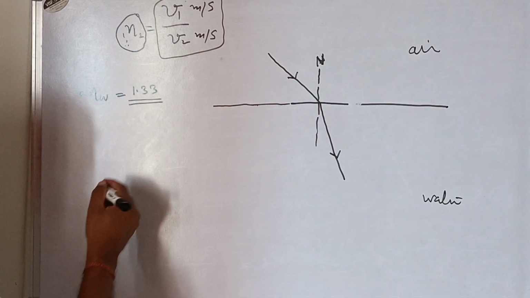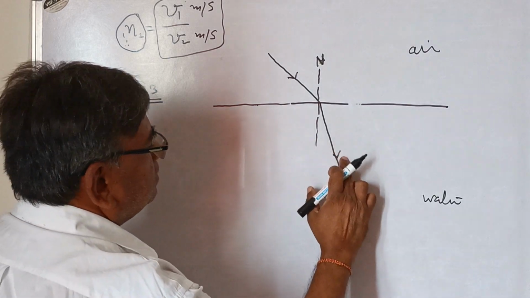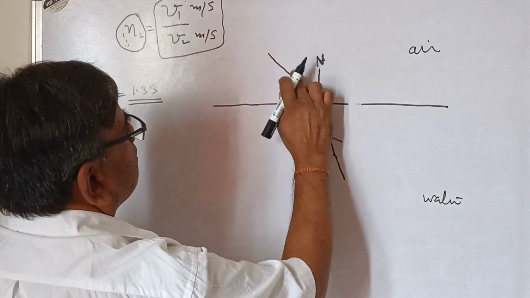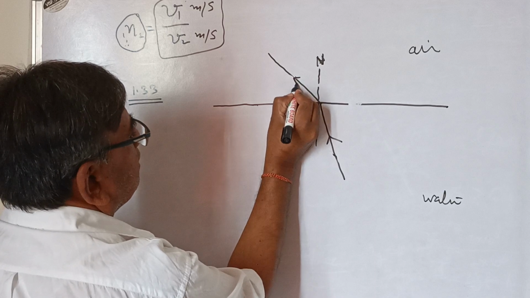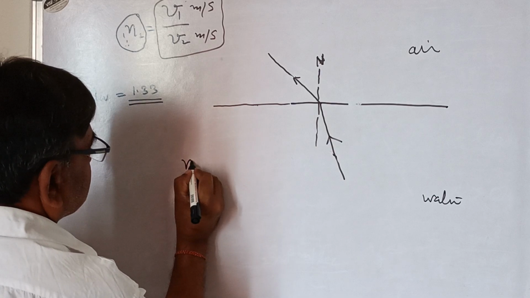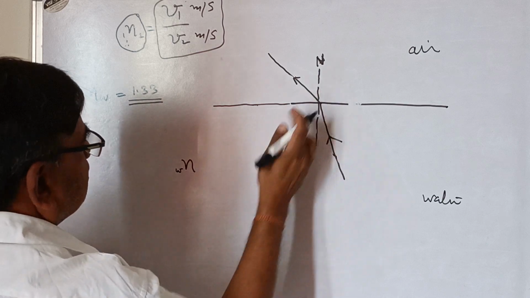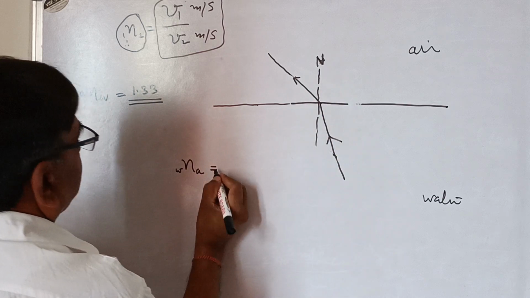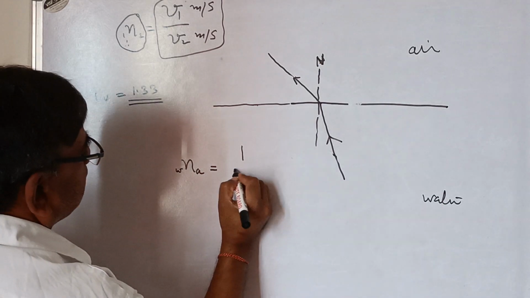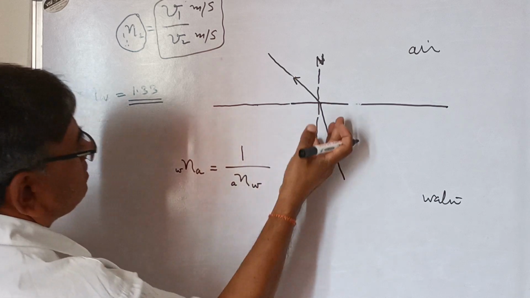It says that if the direction is reversed, if light goes from water and strikes at this point and then emerges in the air, what will be the refractive index? Now here the refractive index will be, in this case, light going from water to air, so here W n A. Now it is given A n W, so this will be 1 by that. So here A and W will be the opposite.